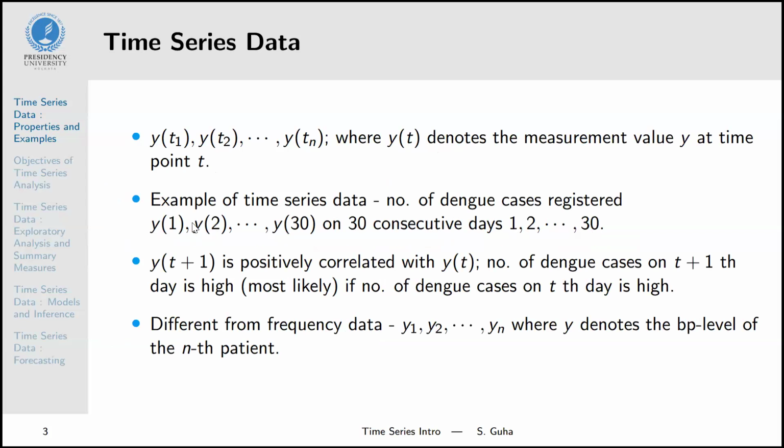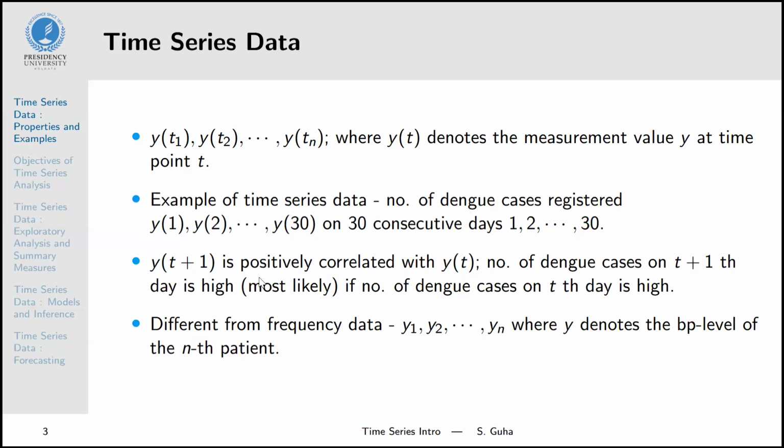These are the observations y1, y2, y30. So these are some numbers. Like y2 is a number, maybe 50. That means on the second day there were 50 registered dengue cases in that state. Such a data set is called time series data.